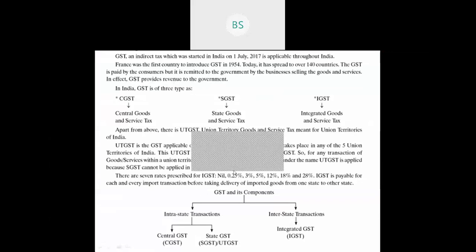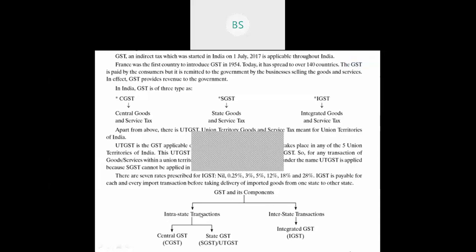Ma'am, how to utilize ITC? That I have mentioned just now. When they ask how to utilize input tax credit, they are asking you to use the formula, output tax minus input tax. Again and again, why is there a doubt?